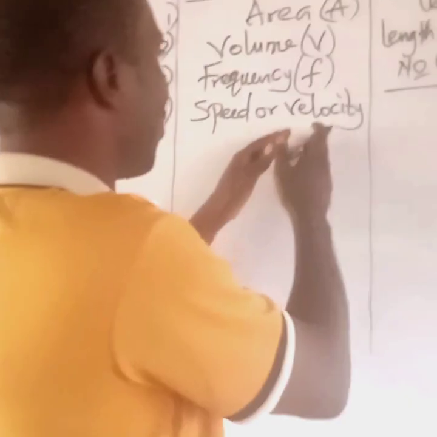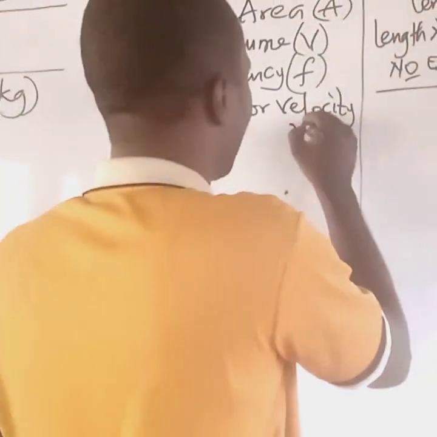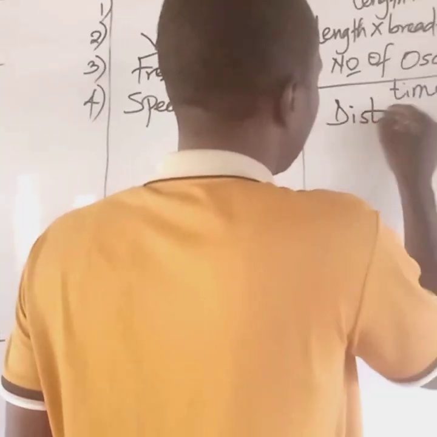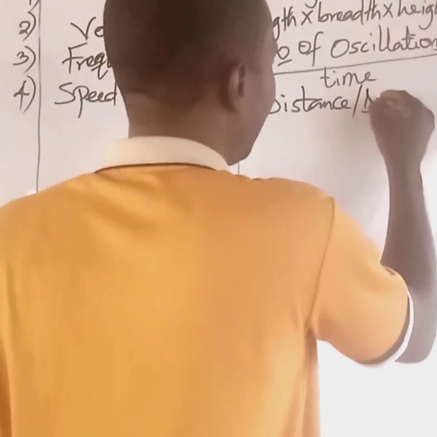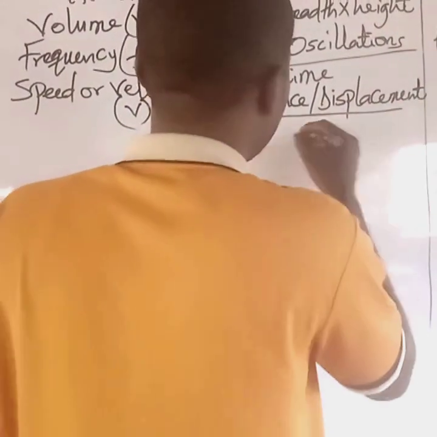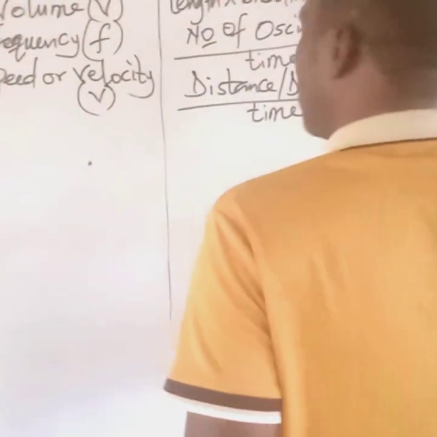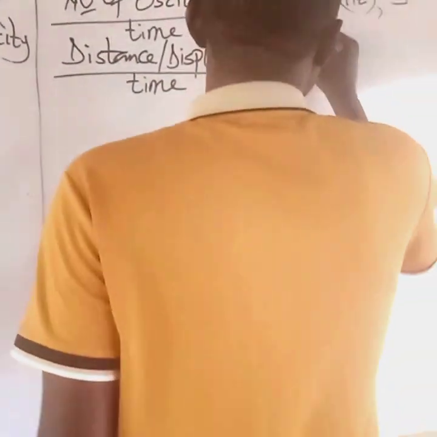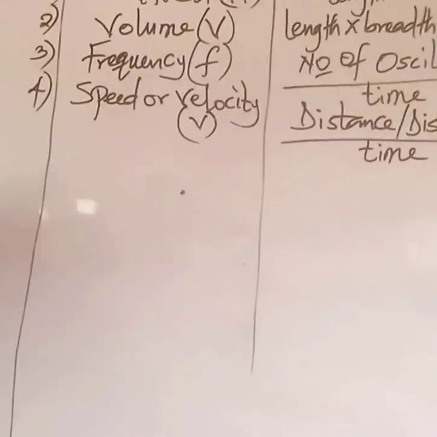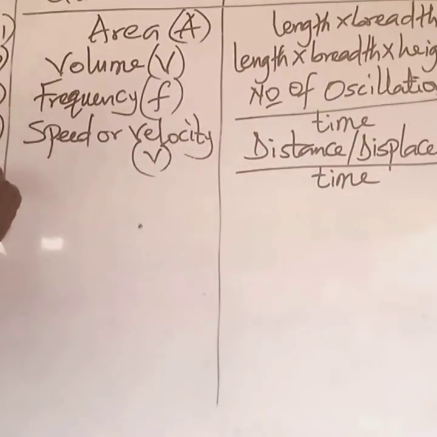So for speed or velocity, we use the symbol small letter v. The derivation is distance or displacement, as the case may be, over time. And the unit for that is meter per seconds. The unit for speed and velocity is meter per seconds.